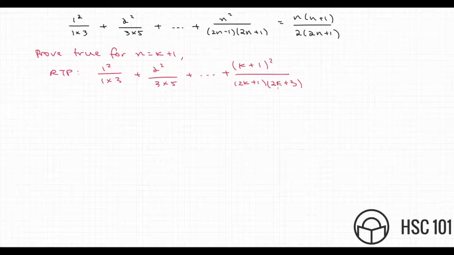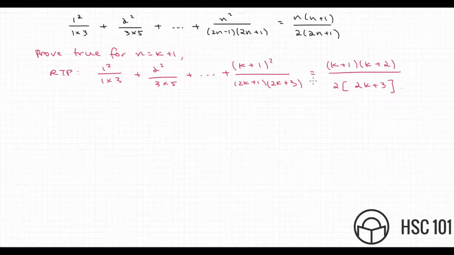So we want to show that this sum is equal to (k plus 1) times (k plus 2) divided by 2 lots of (k plus 1), which is 2k plus 2, plus 1, which is 2k plus 3. That's what we need to prove in order to show that this proposition is true for n is equal to k plus 1.